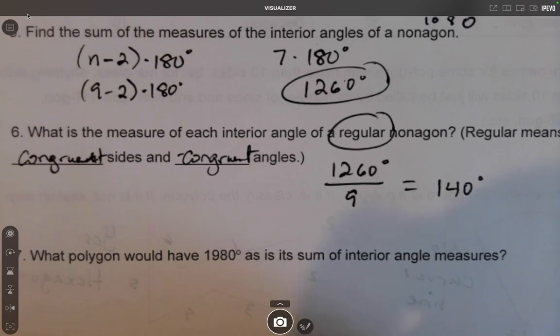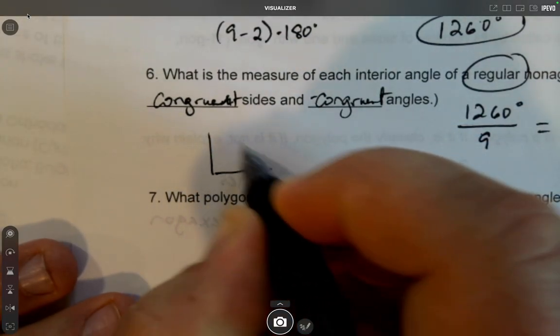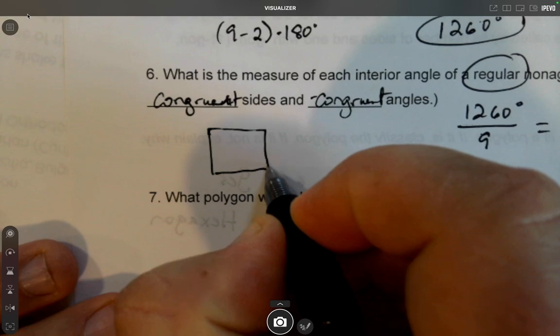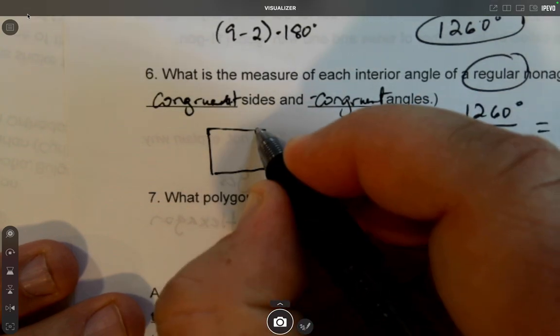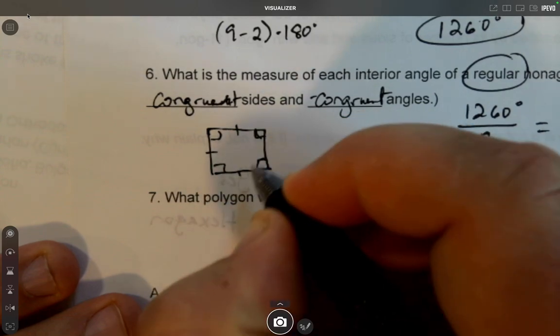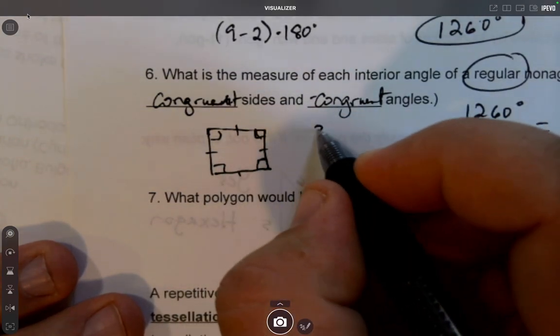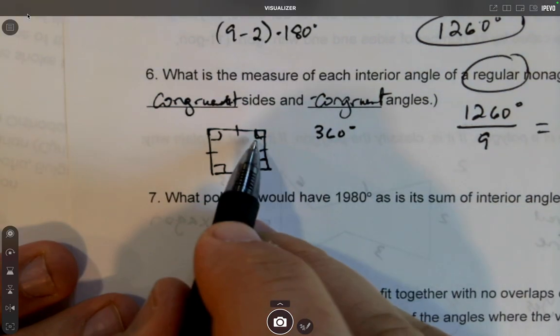I think it might also help if I do a simpler one first. So let me back up just a second. Let's just think about a square. A square is a regular quadrilateral because all of its angles are congruent. They're all 90 degrees. All of its sides are congruent as well. Now we know a quadrilateral has 360 degrees in total.